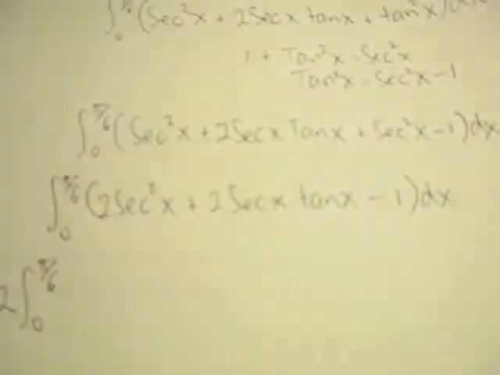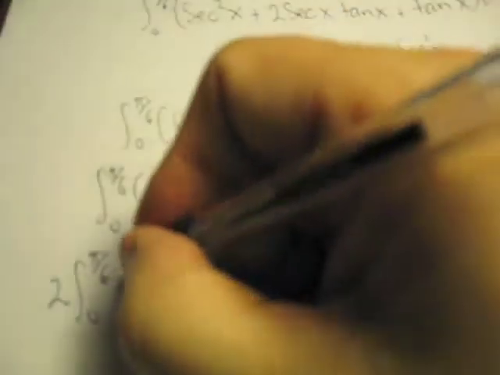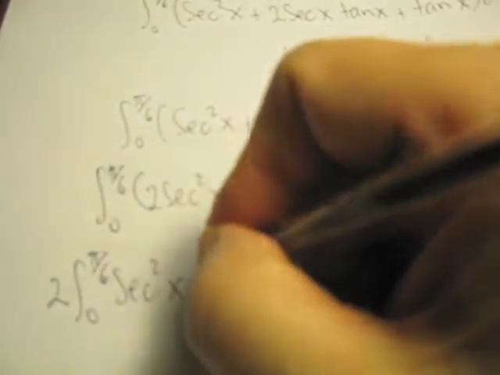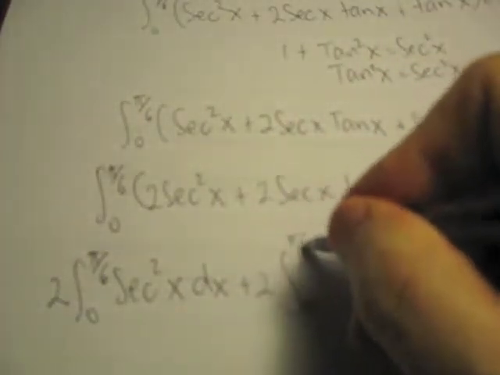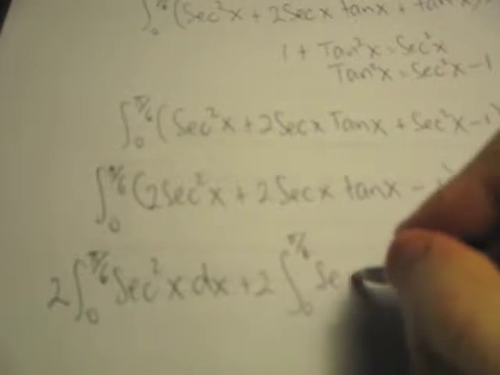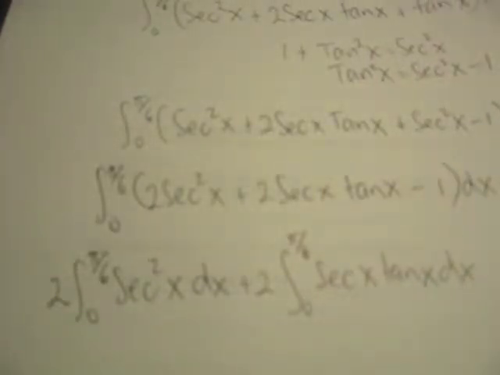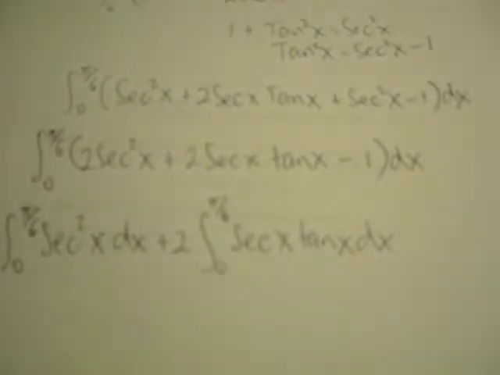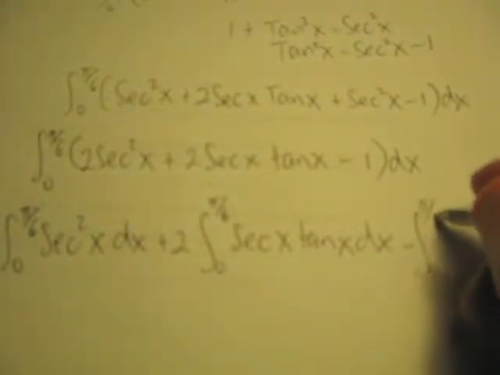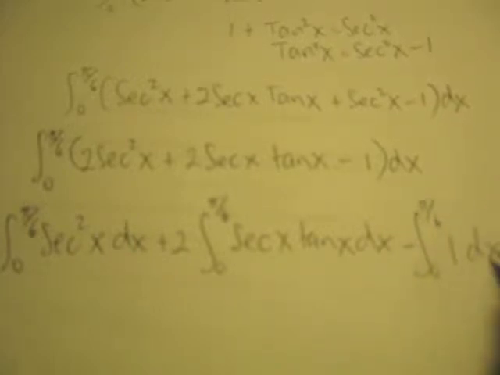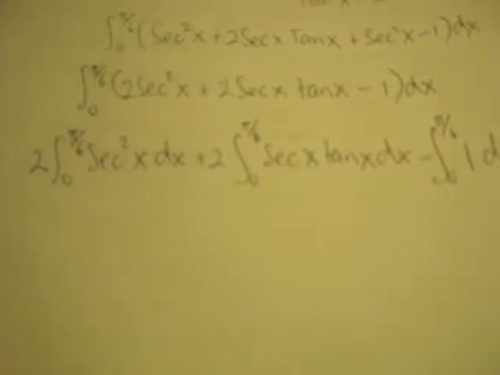We can pull out the 2 as a multiple: 2 times the integral of sec squared x dx, plus 2 times the integral from 0 to pi on 6 of sec x tan x dx. Don't forget your dx's. Then we subtract the integral from 0 to pi on 6 of 1 dx. That's where we are so far.